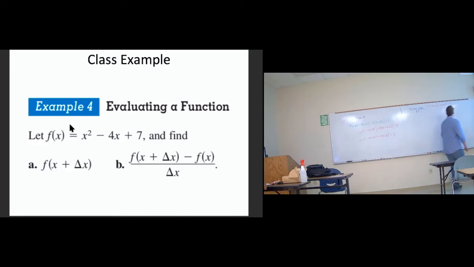Now we're going to subtract from it x squared minus 4x plus 7. And then we are going to divide by delta x. First things first, let's distribute that negative sign through.